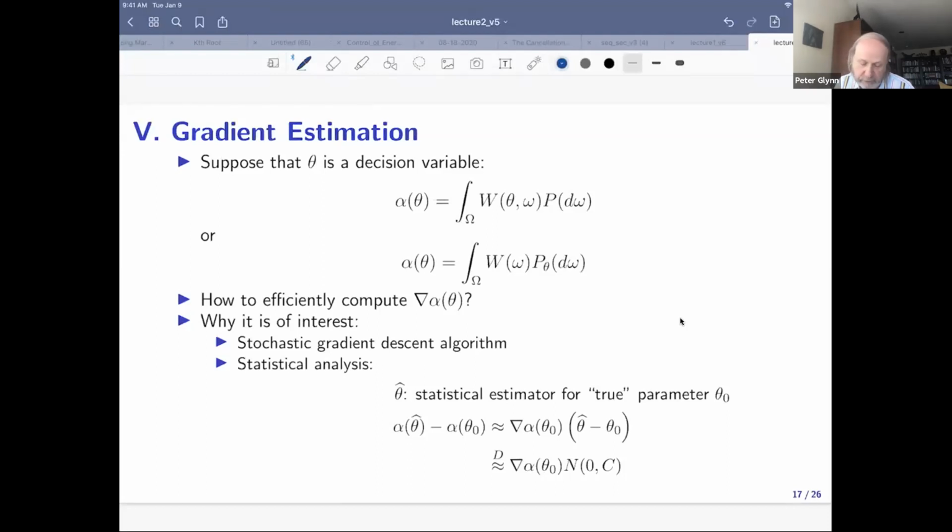The other case is that the parameter appears in the probability measure or probability distribution P theta. And an important thing to recognize is that oftentimes you have the ability to move dependence in P theta into the W theta and reverse as well.